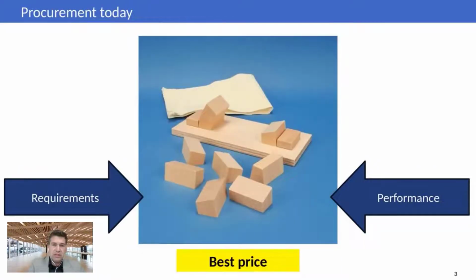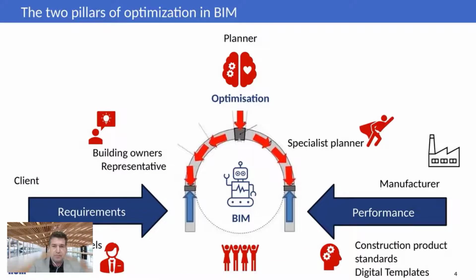But at the moment, it's not like that. It's more like we just take the easiest way without a lot of optimization. And this we want to change with the help of BIM.